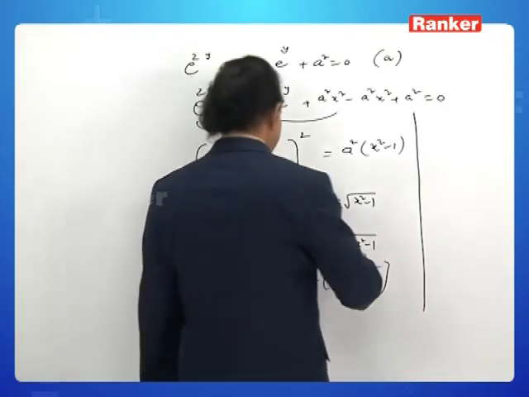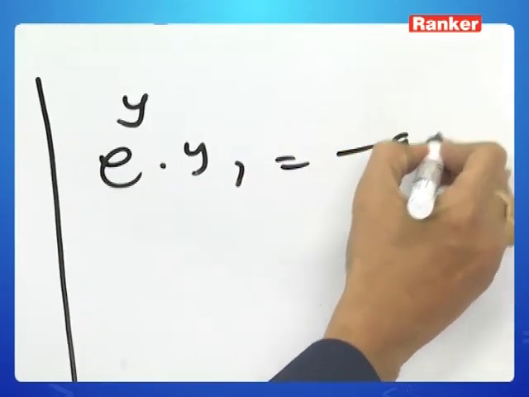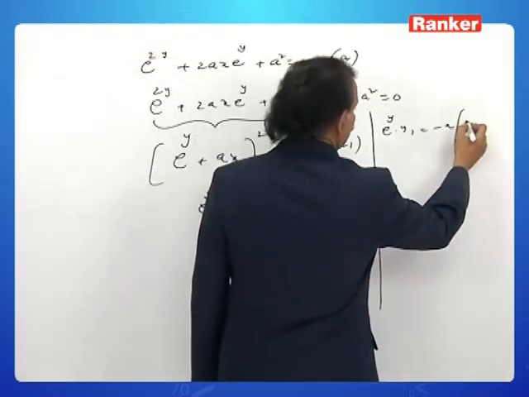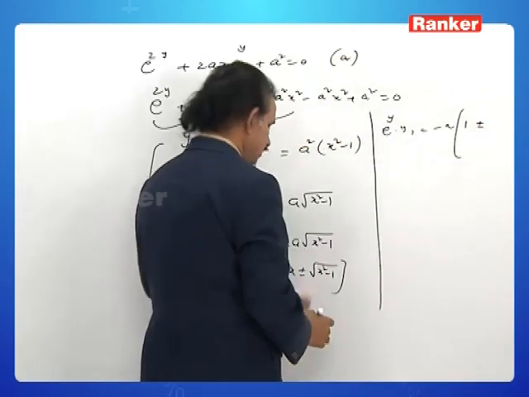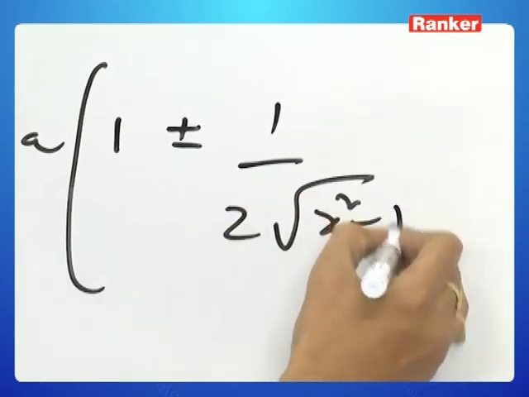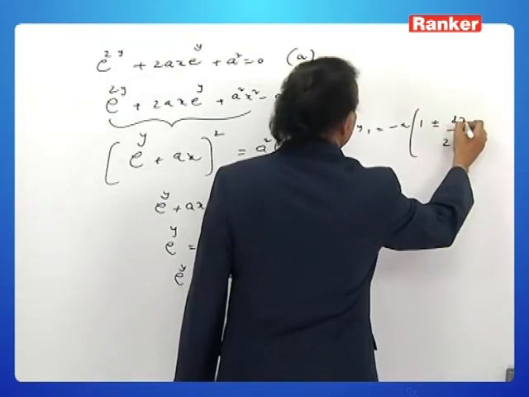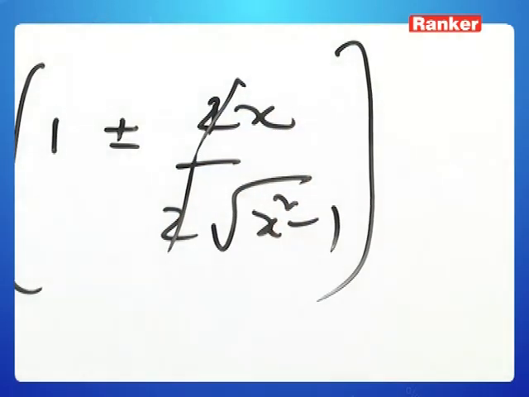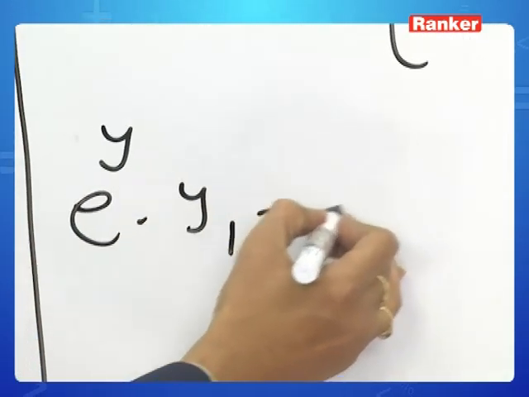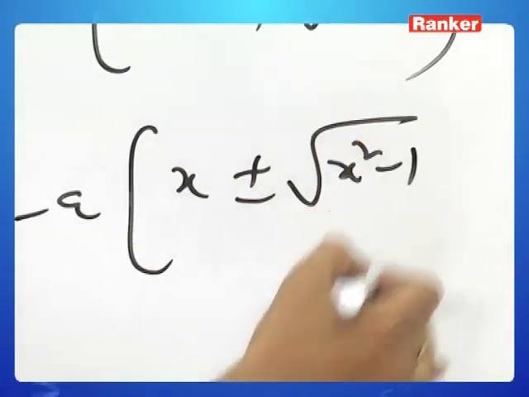So the derivative of e power y is e power y into y1, which is equal to minus a into, for x it is 1, plus or minus root x, 1 by 2 root x square minus 1. For x square minus 1 it is 2x. 2 and 2 will go away. So we have e power y into y1 is equal to minus a into (x plus or minus root of x square minus 1).